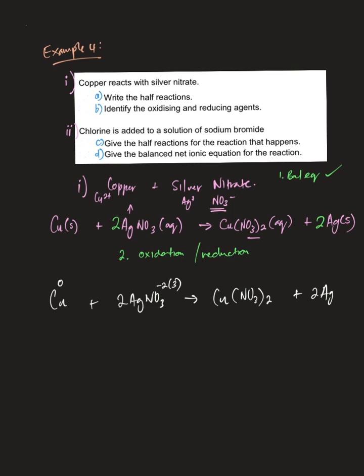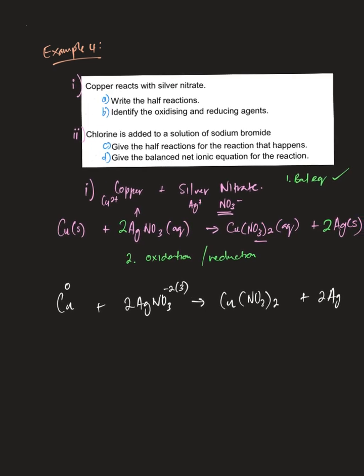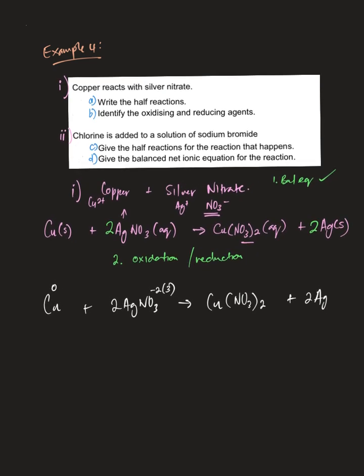So I know about silver. Silver is Ag1+, because remember, with the normal metals, they take the charge as their oxidation number. In this one, it's silver Ag1, so its charge is 1+.